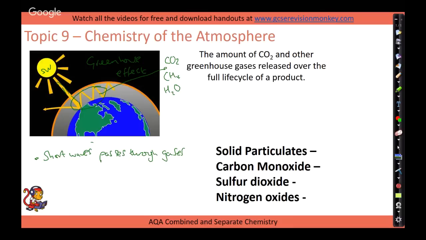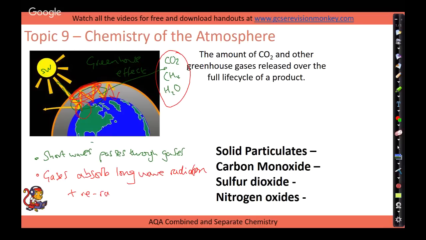So short goes through, and then at the point of contact with the materials on Earth, long wave radiation is re-radiated back out. But that cannot pass easily through the atmosphere, and it's absorbed by these gases and re-radiated back, causing a warming effect for the whole planet. So the short waves pass through, but the gases absorb long wave radiation and re-radiate it back to Earth.